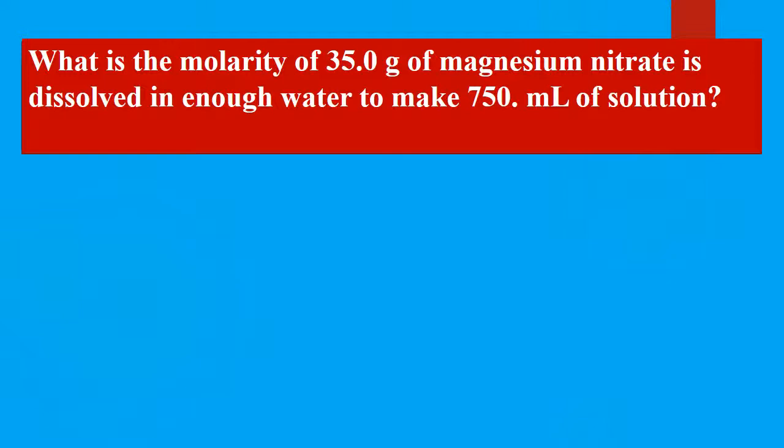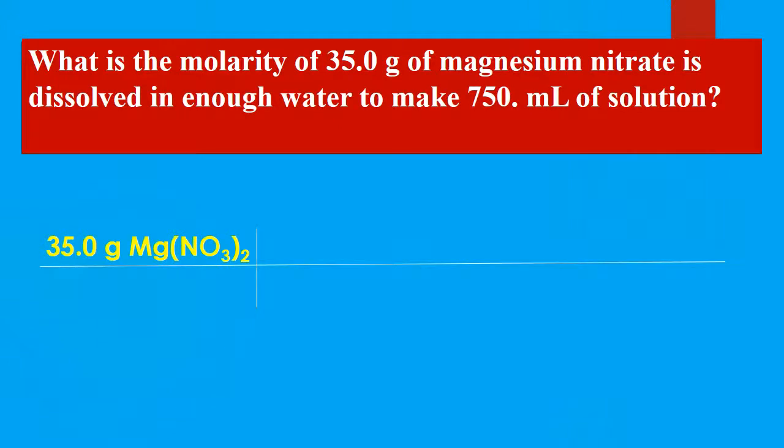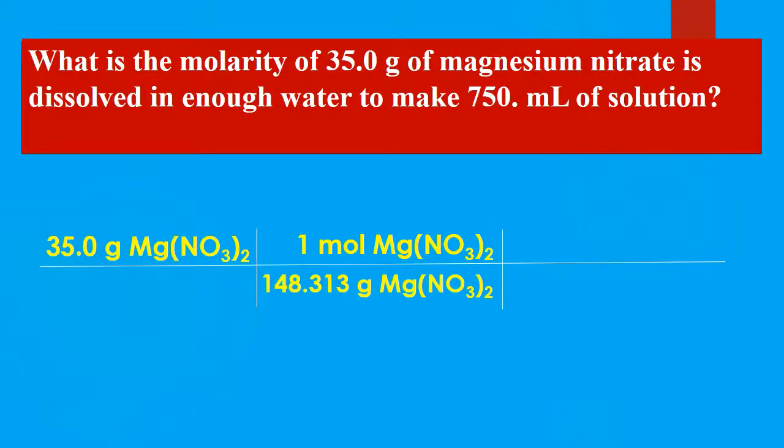All right, similar to the previous one, we have 35.0 grams in 750 milliliters of solution. We want the molarity. So again, we start with our grams of magnesium nitrate and divide by the formula mass, which is how many grams in 1 mole: 148.313. We're left with moles, divide by our volume in milliliters, then convert our milliliters to liters.